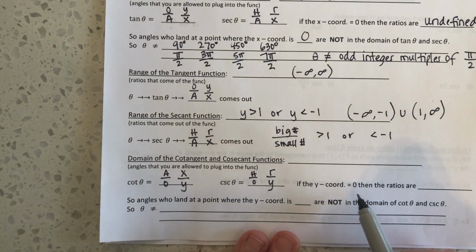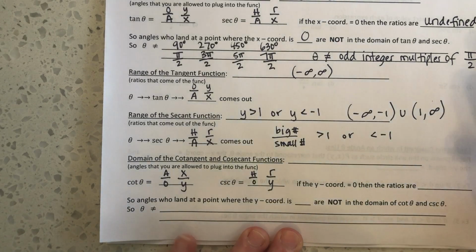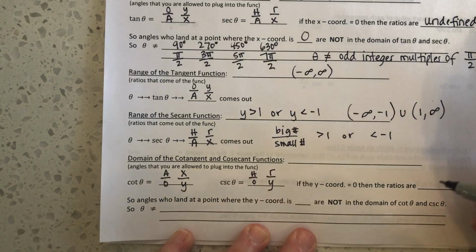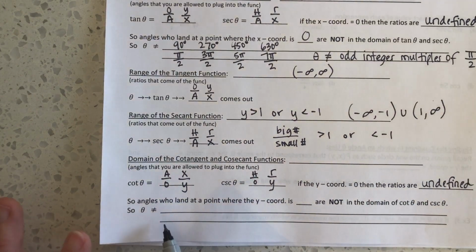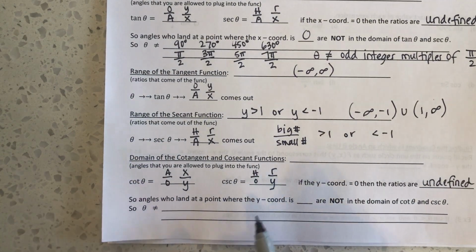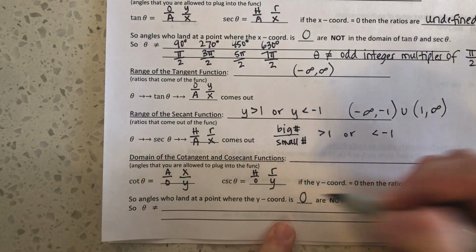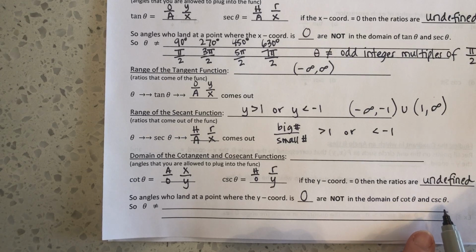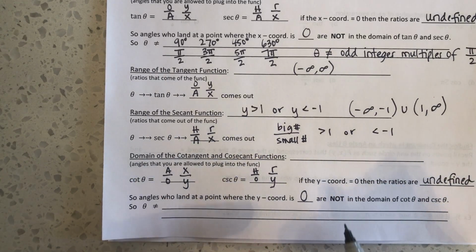So if the y coordinate equals 0, then the ratios are going to be something divided by 0, undefined. All right, so angles that land at a point where the y coordinate is 0 are not in the domain of the cotangent or cosecant function, because those angles are going to create undefined ratios when you put the y coordinate on the bottom of the ratio.